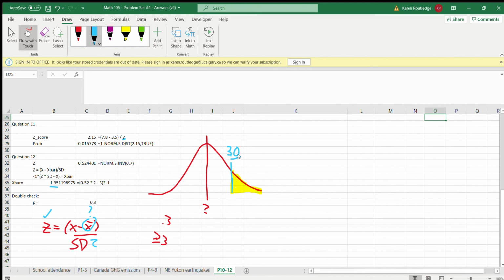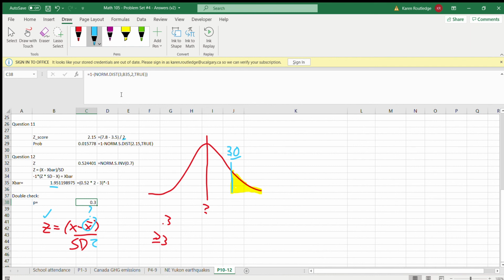And just in case, it's not a bad idea to double check that answer and make sure we did it right. If I click off my pen and just see what we did here, I just used the exact same formula that we used for question 11, solving for a probability. So now we have a sample observation, we have a sample mean, this is what we just calculated, and we have a standard deviation.